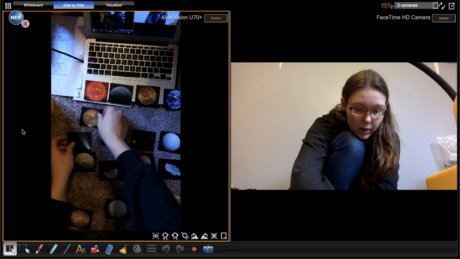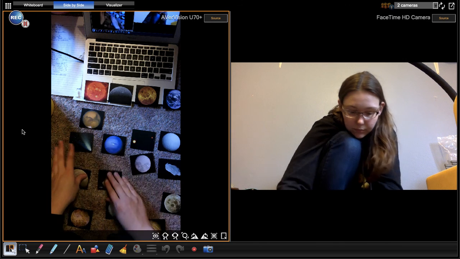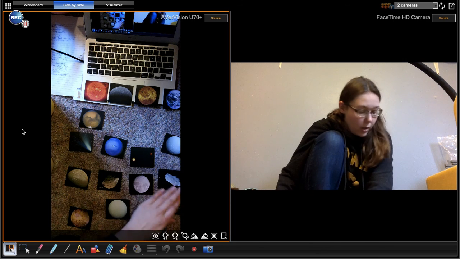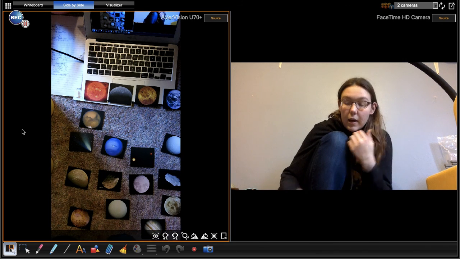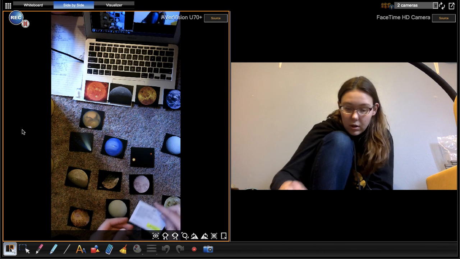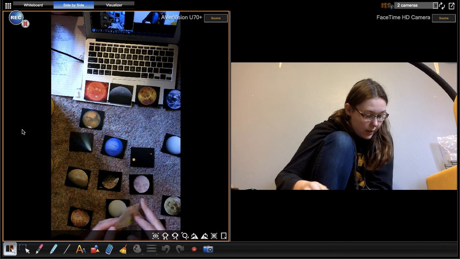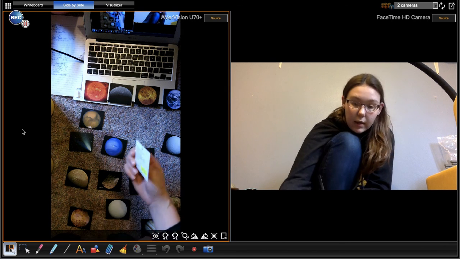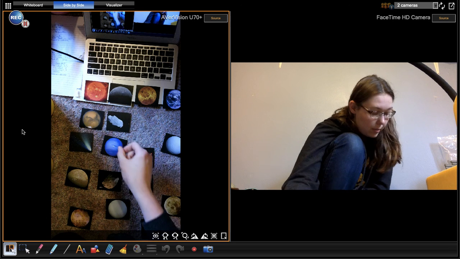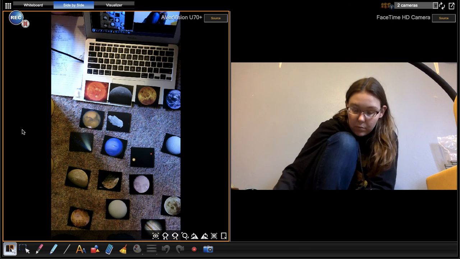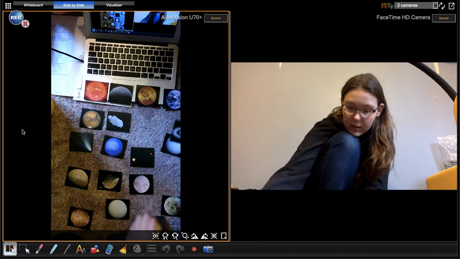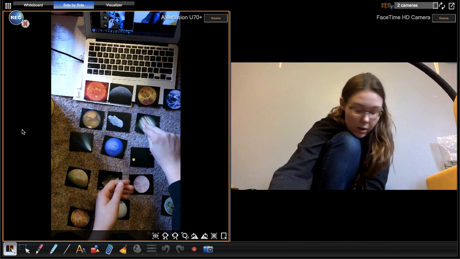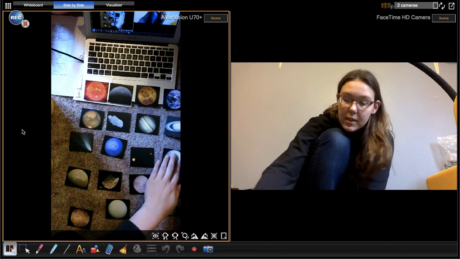So there is Mars. After Mars comes the asteroid belt. So let's find the asteroids. Here's Ida, the asteroid belt. Next is Jupiter. There's Jupiter. And then after Jupiter comes Saturn.